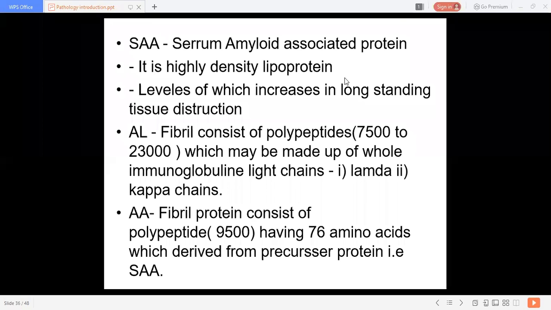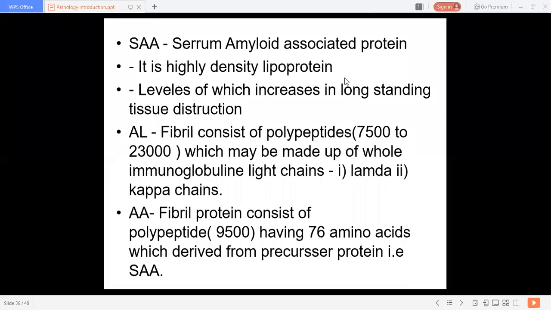Okay. Now what is the short form of high density lipoprotein? HDL, ma'am. Yes, HDL. It is very helpful for carrying atherosclerotic plaques or cholesterol up to the liver for excretion.